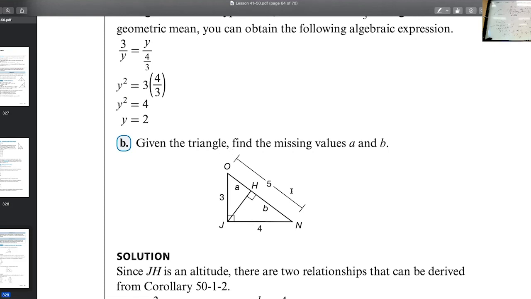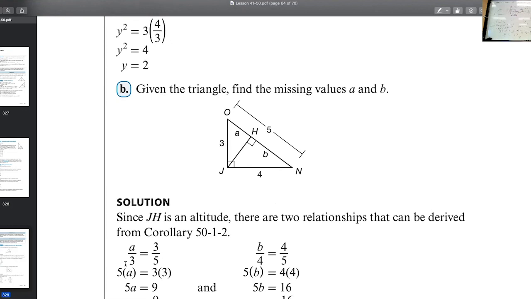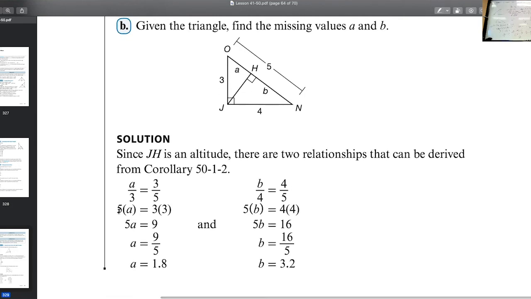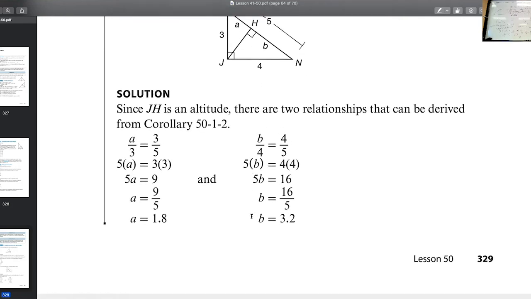Basically you'd have 5 times A square rooted would equal 3, or you could set it up like this. See how 3 is a geometric mean because they're both the same, and then you have A and 5. So you solve that, you get 9/5. You solve that, and you get 16/5. Okay.